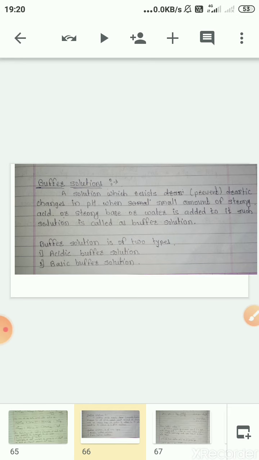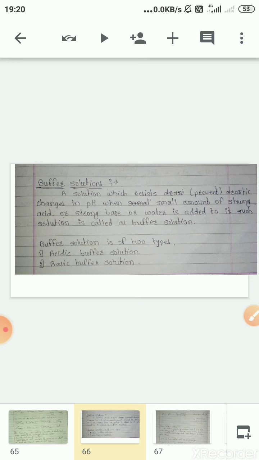But some solutions resist or prevent the change in pH when we add strong acid, strong base or water to the solution, and such solutions are called buffer solutions.